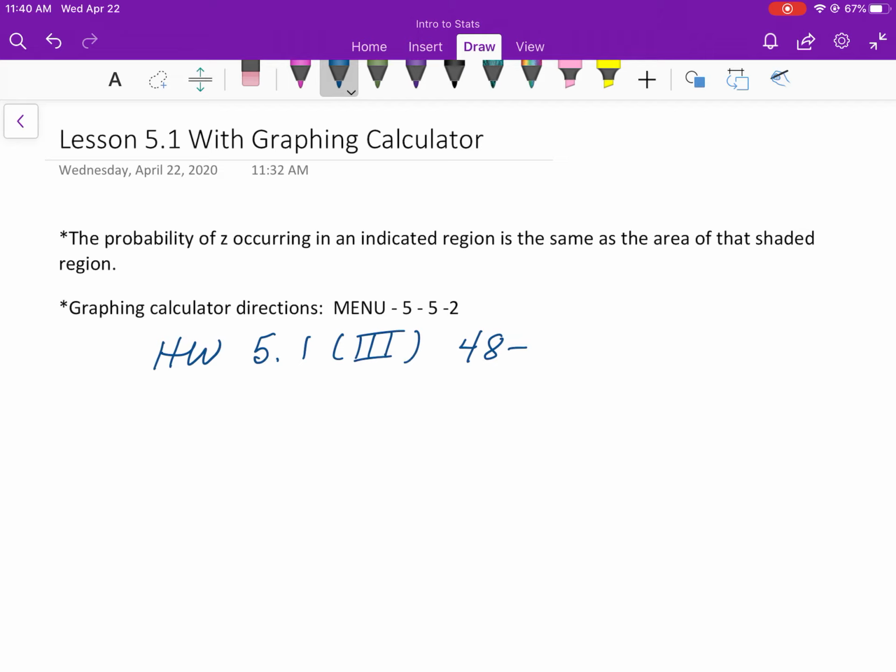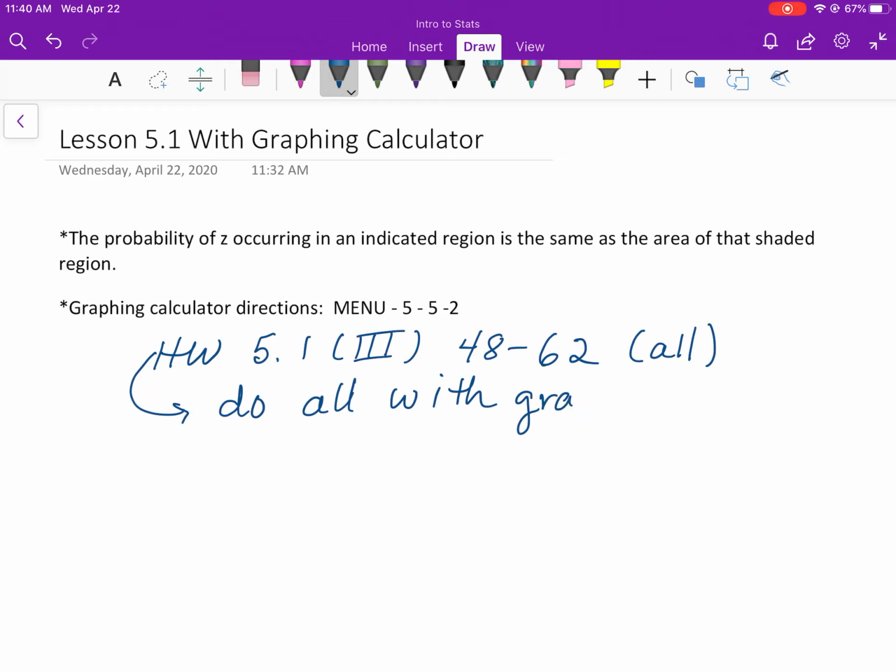I'm going to have you do 48 to 62, and I'm going to have you do all of them, but I'm going to have you do them all with a graphing calculator. So yeah, the assignment's a little bit longer, but you get to use your calculator on everything. So you won't have to use the table.